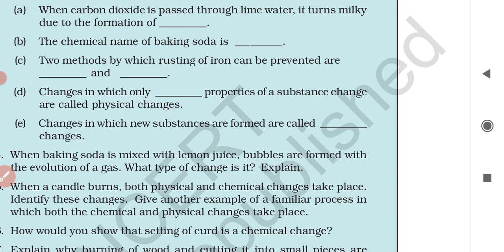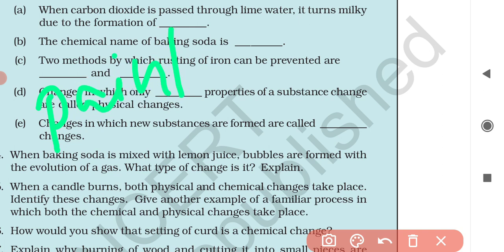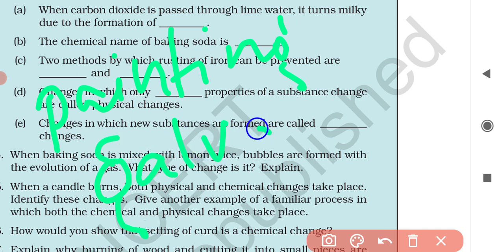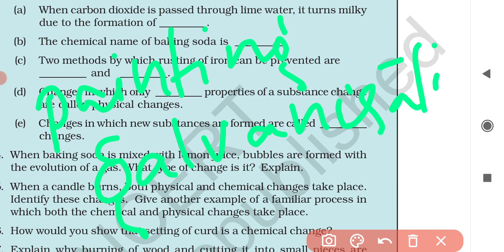What is it? You will write painting. Painting of iron articles prevents rusting. Painting and galvanization you will write. Galvanization. Clear?